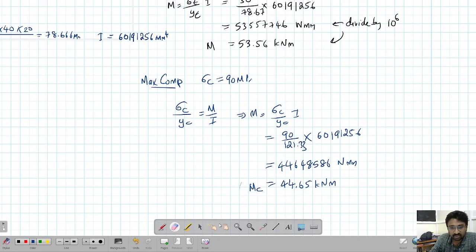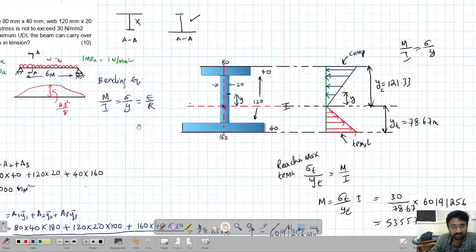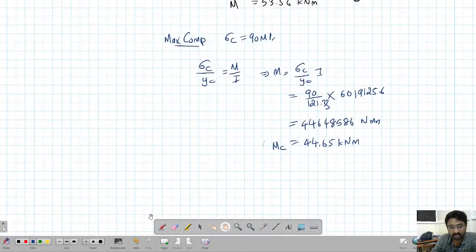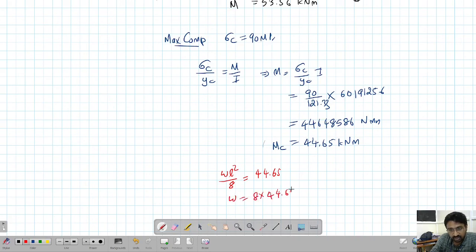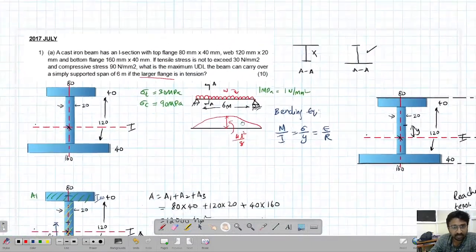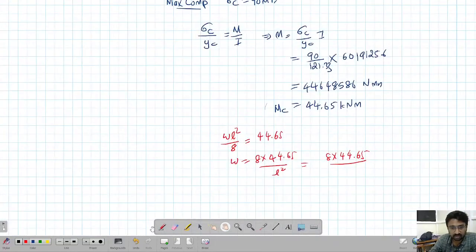Now with respect to this, we can find the UDL. We know that WL square by 8 is the maximum moment for a UDL. This value should be equal to the minimum of these two. So WL square by 8 should be equal to 44.65 kilonewton meter. So W equals 8 into 44.65 divided by L square. The length of the beam is given as 6 meters, so 6 square.